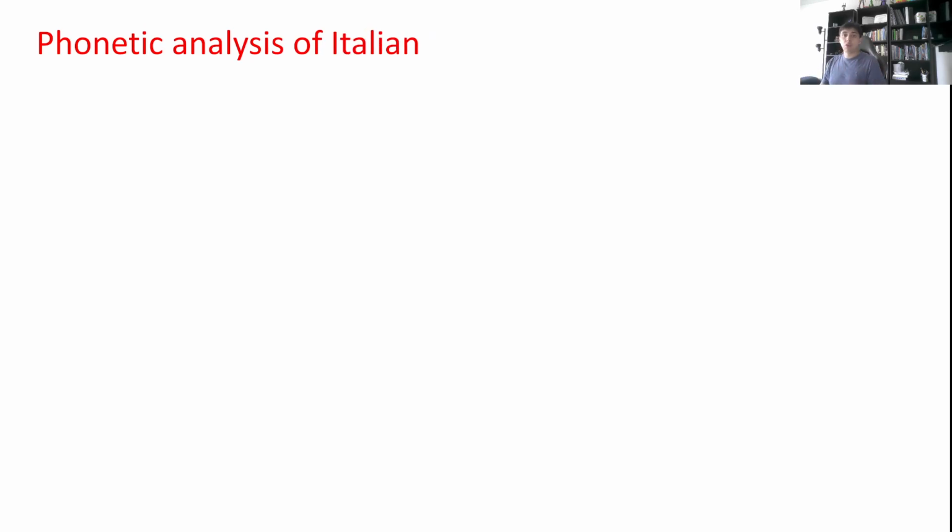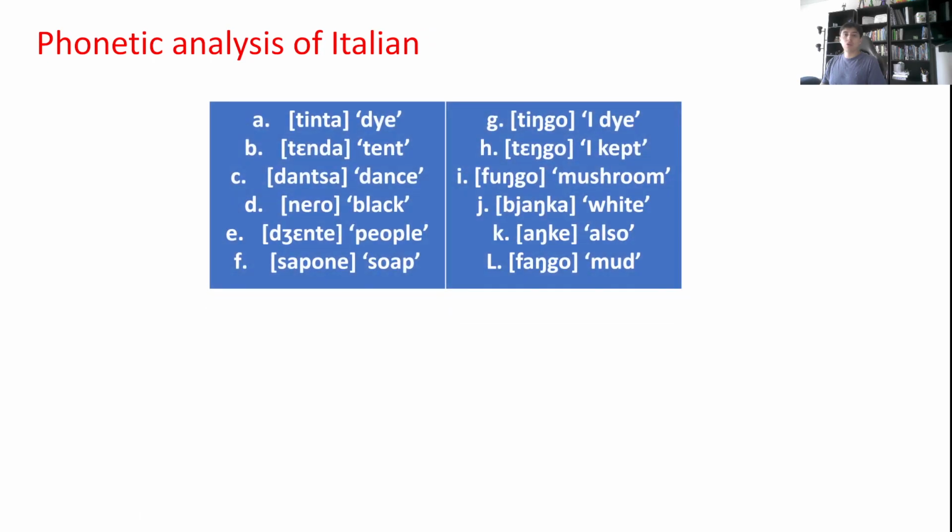Actually, if I give you some words in Italian, the idea is that you start first describing the environment, do the same analysis, and then come up with some answers. So, for example, in this case, I give you tinta, tenda, danza, nero, scende, sapone, tingo, tengo, fungo, bianca, anche, fango.